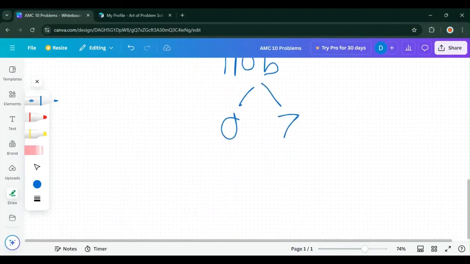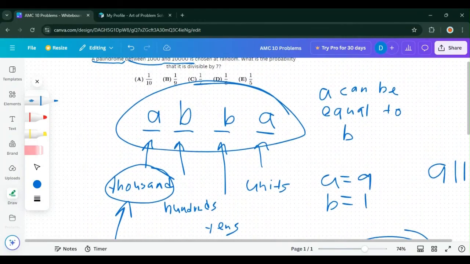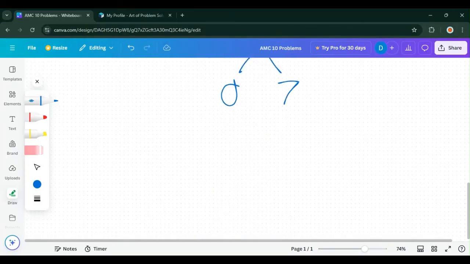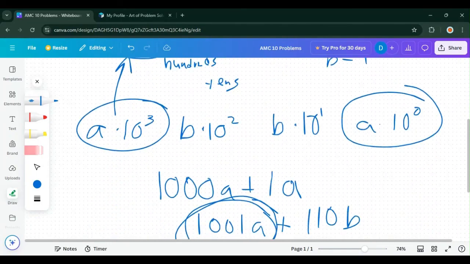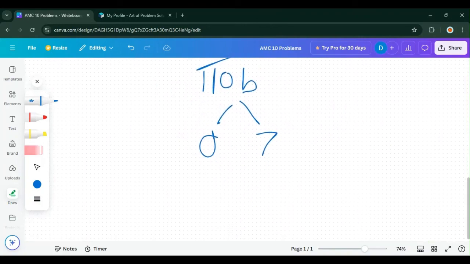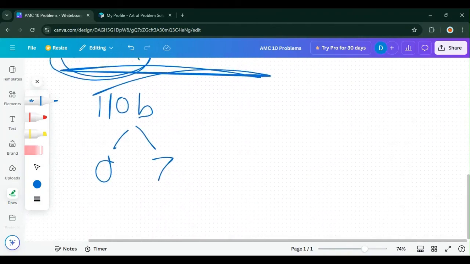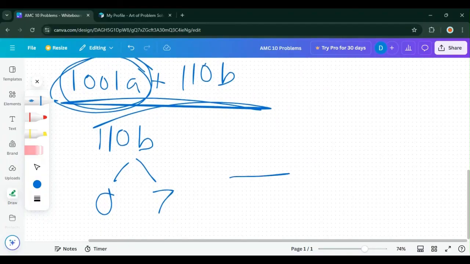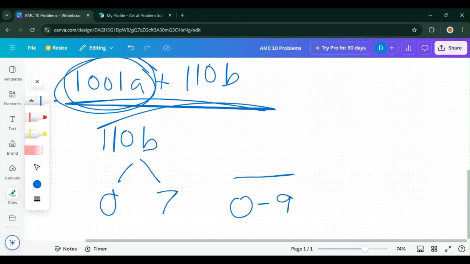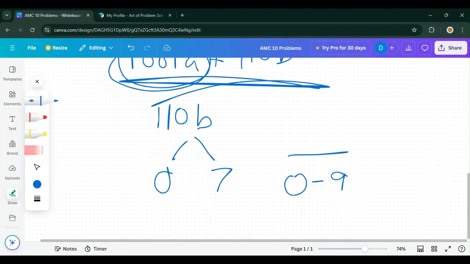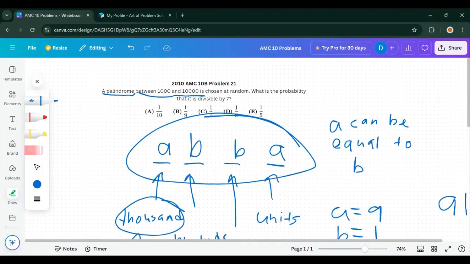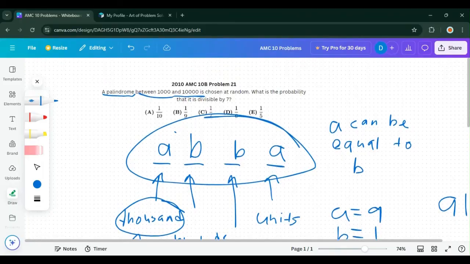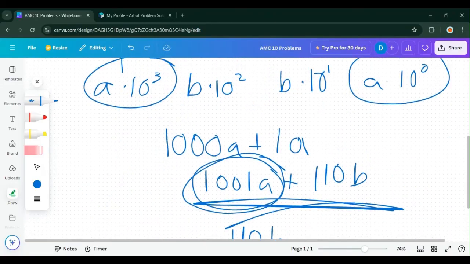Since A has already been figured out, any digit that we put in as A works, and we just have to find the probability that the digit we put in for B also works. So for B, we can choose any digit from 0 through 9, and the reason is that it's not in the thousands digit, so it can be zero, and it can be any other number.